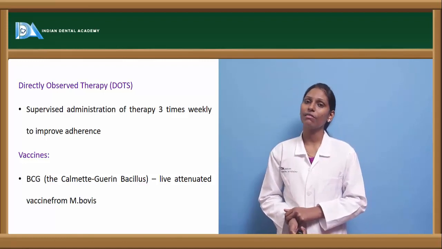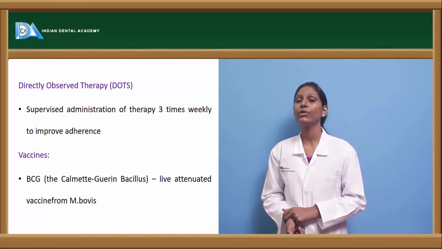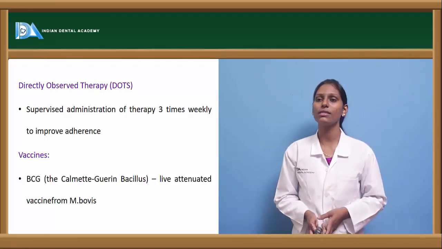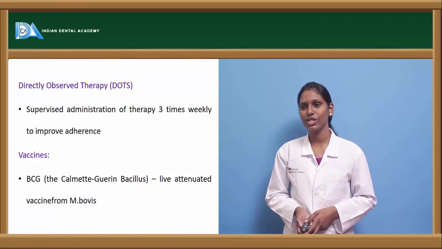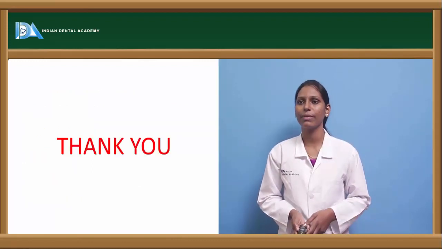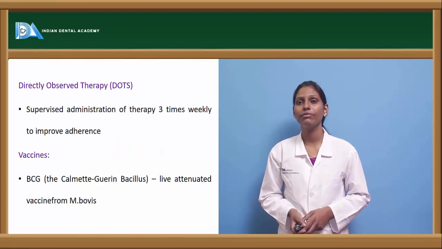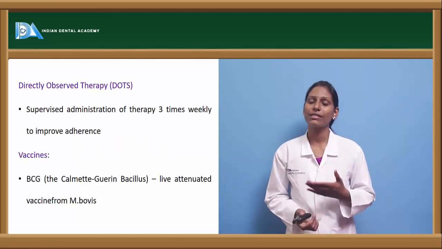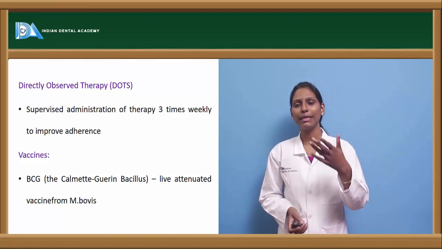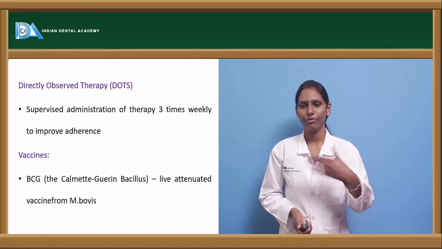There is also a vaccine to prevent tuberculosis, a live attenuated vaccine from Mycobacterium bovis, that is BCG, the Bacillus Calmette-Guerin vaccine. By giving this BCG vaccine, we can prevent further attacks of tuberculosis in the future.